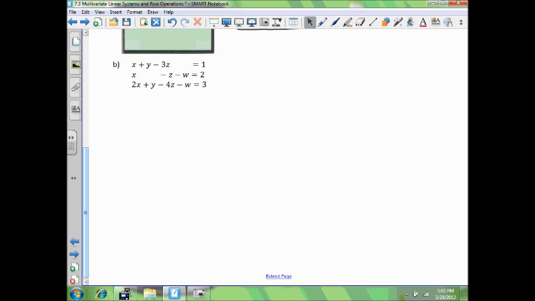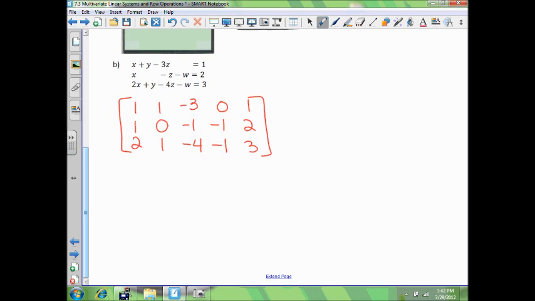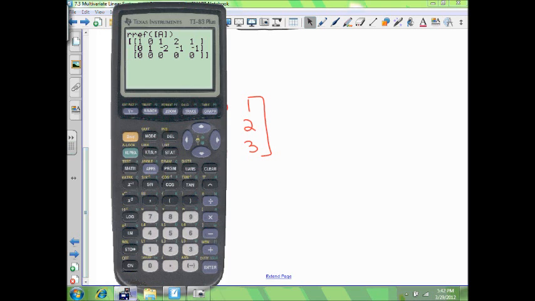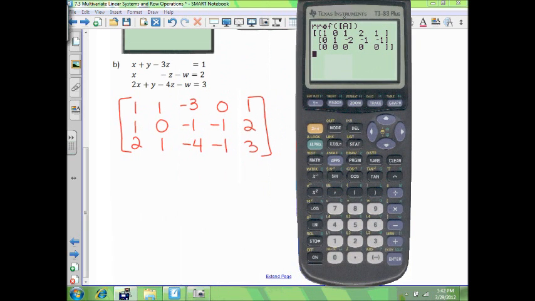Moving on to example B. Again, put this in an augmented matrix. Again, let's enter this augmented matrix into our calculator.